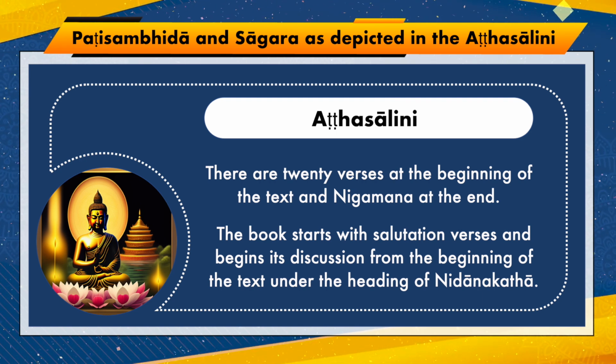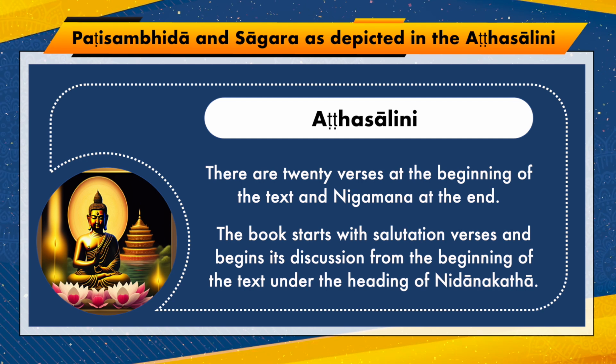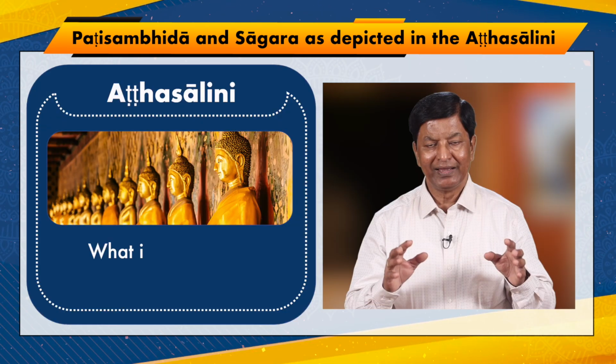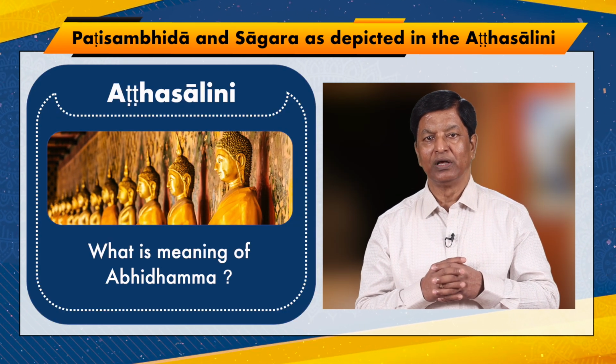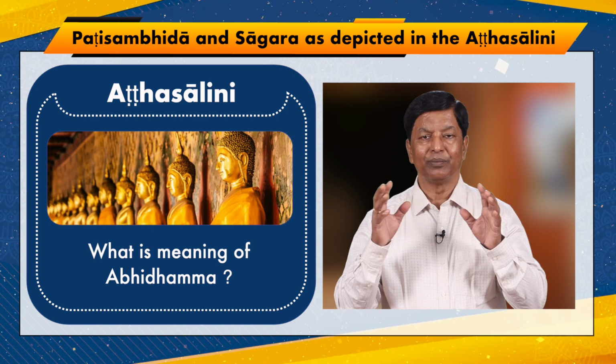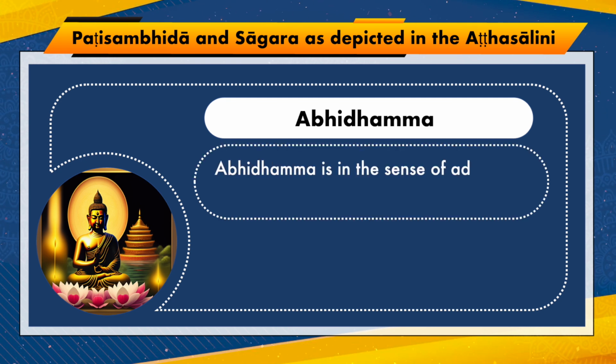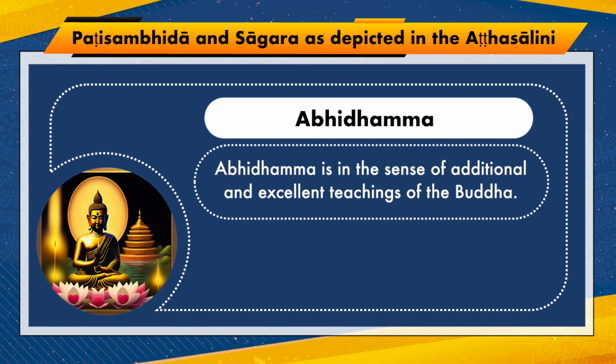The book starts with salutation verses and begins its discussion from the beginning of the text under the heading of Nidan Katha. In this chapter, first of all, a question has been raised about the meaning of Abhidhamma. The answer is that it is in the sense of additional and excellent teachings of the Buddha.